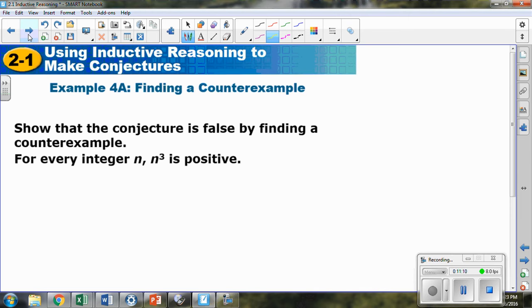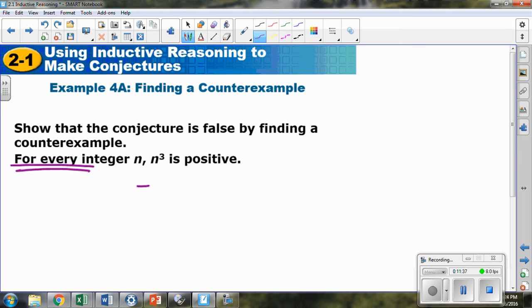For instance, for every integer, n cubed is positive. That's actually not true. Let's come up with an example that shows it's not true. This says for every single integer. We find one of them where it's not, and we're done.